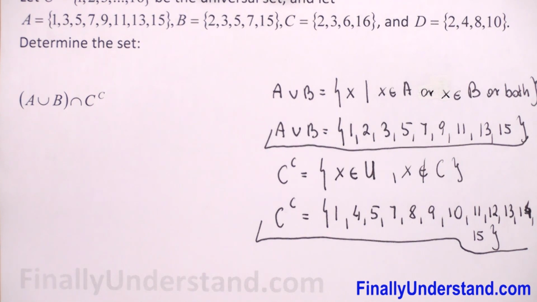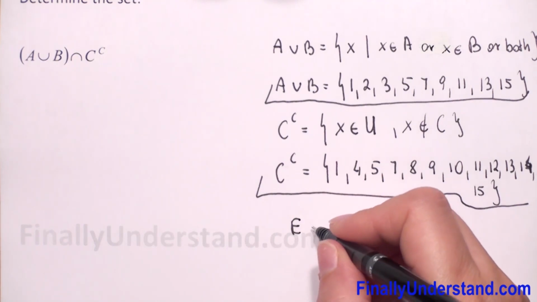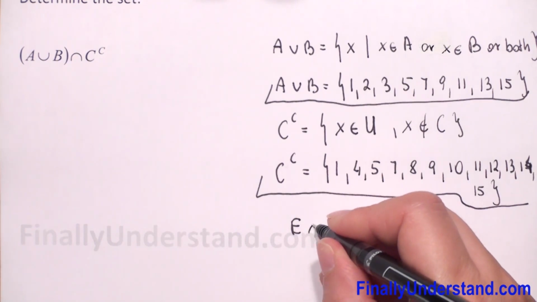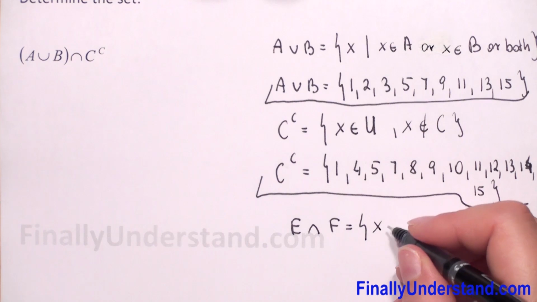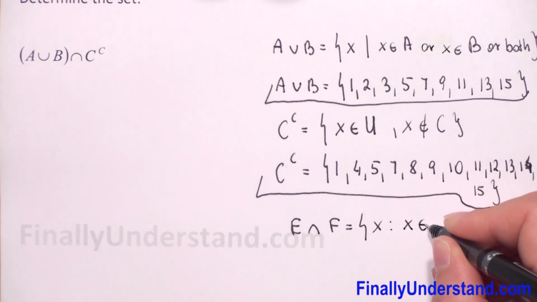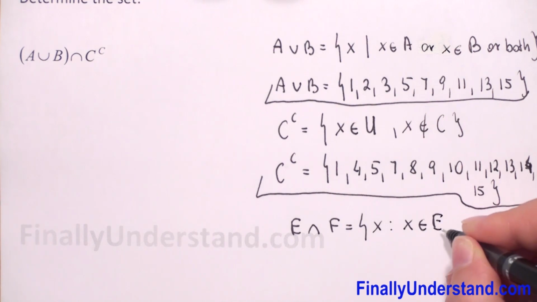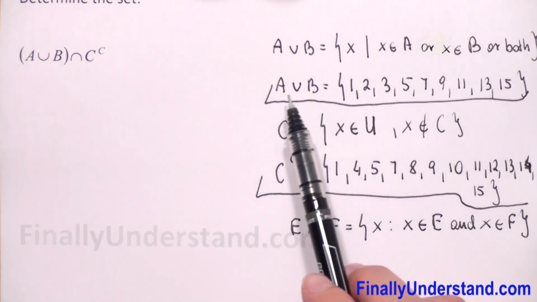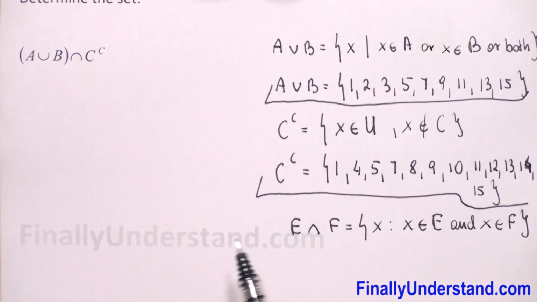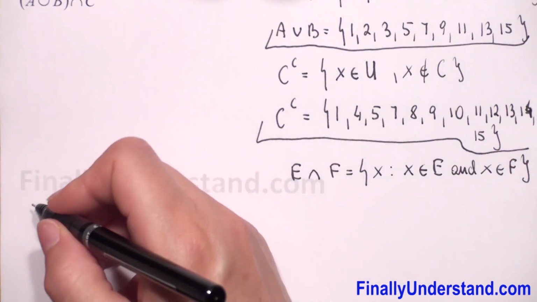Let me remind you the definition. When we have, for example, two sets E and F, so the intersection of E and F will be all x such that x belongs to E and x belongs to F. So we have to choose all elements which repeat in union of set A and B and in complement of C. So let me copy our set.